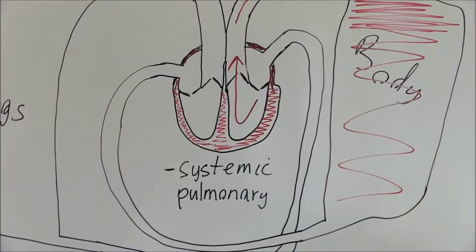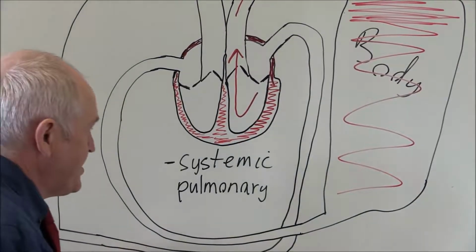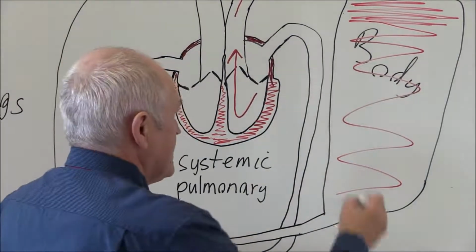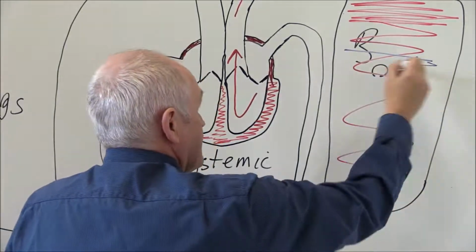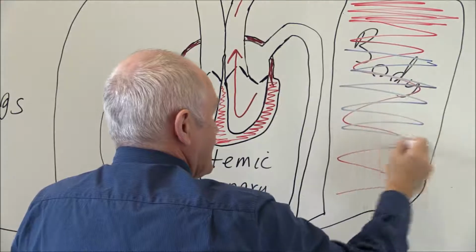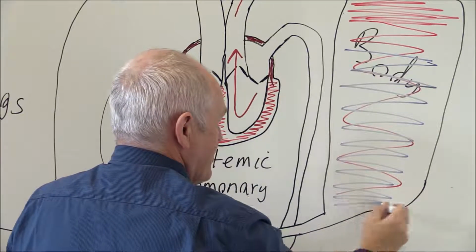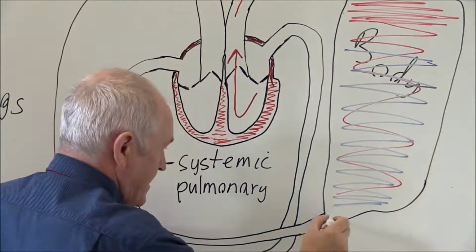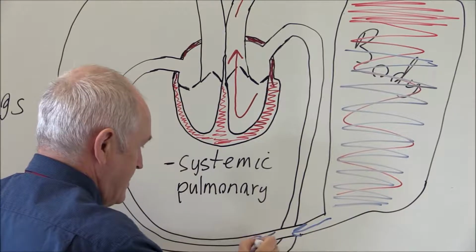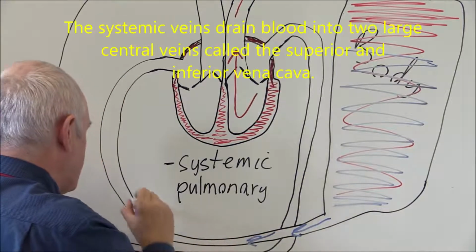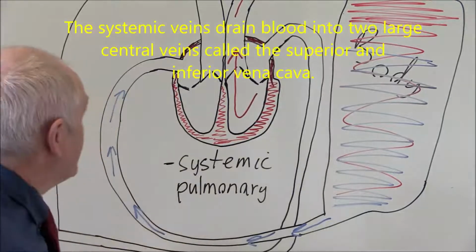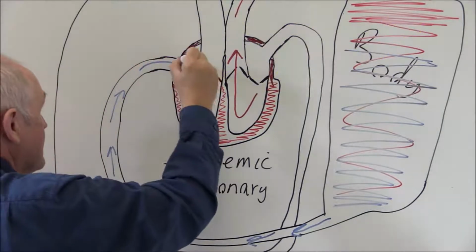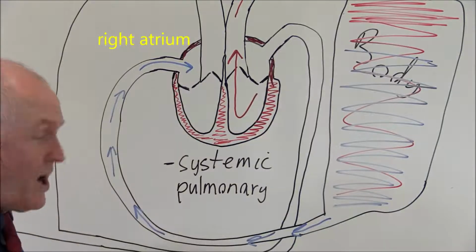Now, traditionally, when we're doing physiology, the dark red blood we do as blue. It's not blue, of course, it's dark red. But the blood is going to become darker red as it goes through the body. Then dark red blood is going to drain in the large veins, eventually going into the inferior and superior vena cava, taking blood to the right atrium.